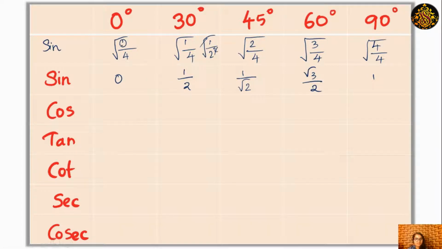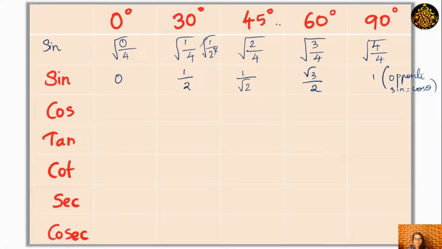So this is easier. Just write 0, 1, 2, 3, 4 and divide it by 4, and the opposite of sine is cos. Clear? Just remember that the opposite of sine is cos, and we will get all the table values.